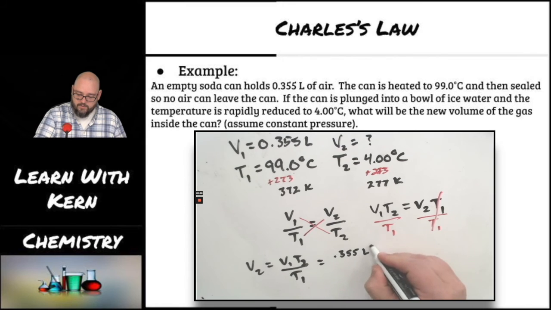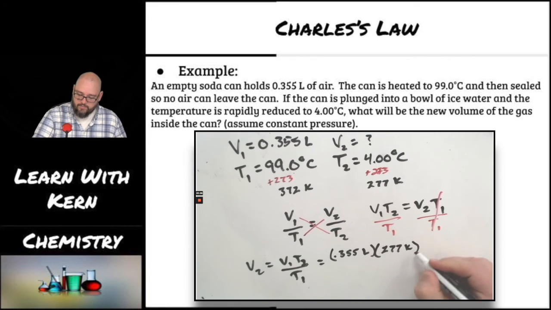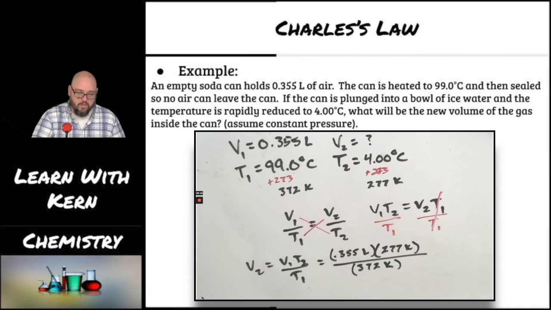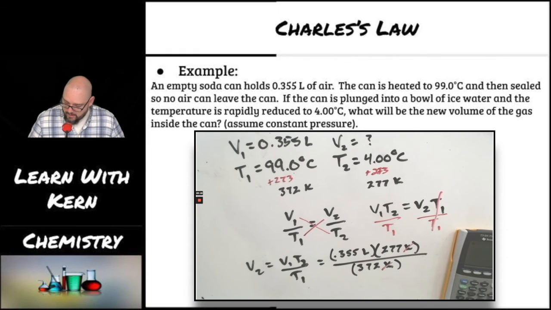0.355 liters times T2, which was 277 Kelvin, and T1 is 372 Kelvin. So you'll notice that your kelvins are going to cancel. So we're going to pull out the calculator here, and 0.355 times 277 divided by 372 gives us an answer of 0.264.